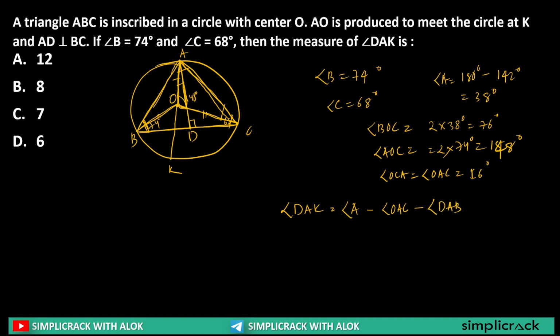If you do not understand, pause it, try to understand this, then we will be able to see how this is happening. Now how much is A? A is, sir, 38 degree. How much is OAC? That I have found out, sir, it is 16 degree. How much is, sir, DAB? Sir, DAB is equal to 16 degree. That we have already found out.